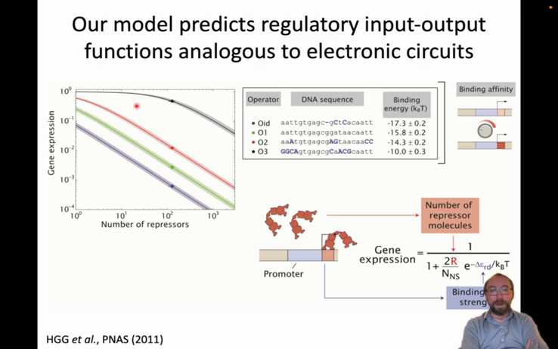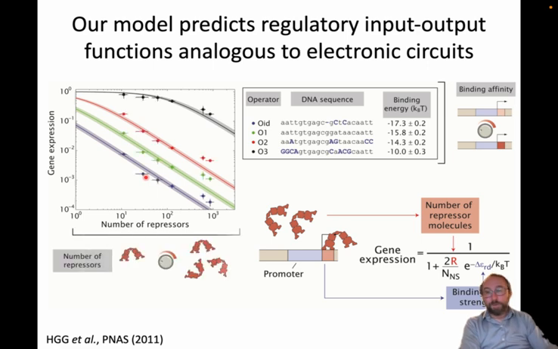But of course, I'm joking, because all I showed you is that I can fit a one-parameter model to one data set. But the cool thing is that there are no more free parameters here. If I now tune the number of repressors, if I move along the number of repressors, the data had better fall on top of these curves. And if it doesn't, it means one of my assumptions isn't right.